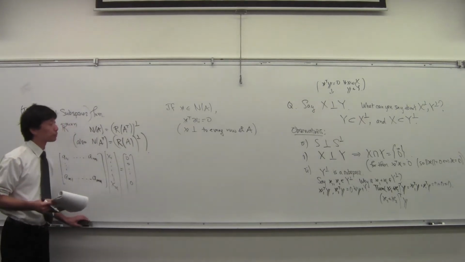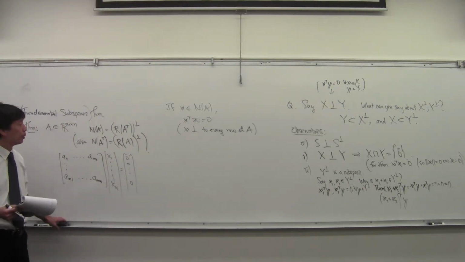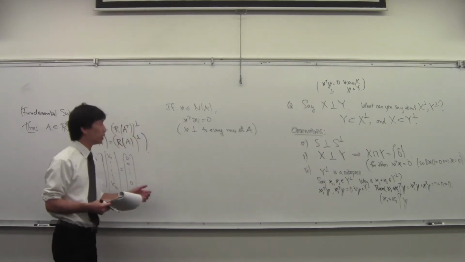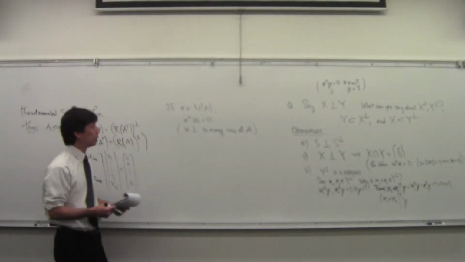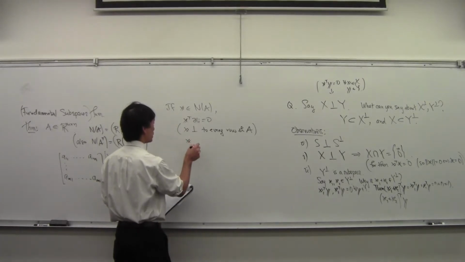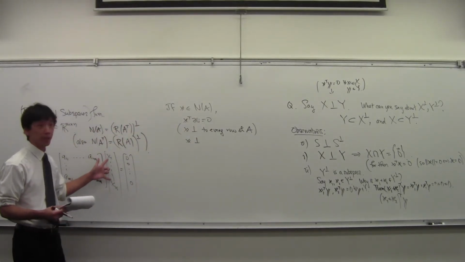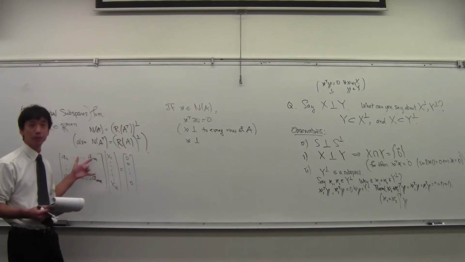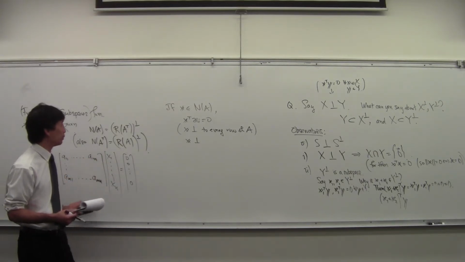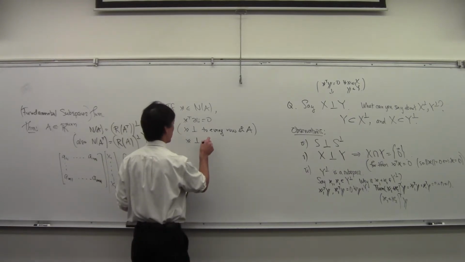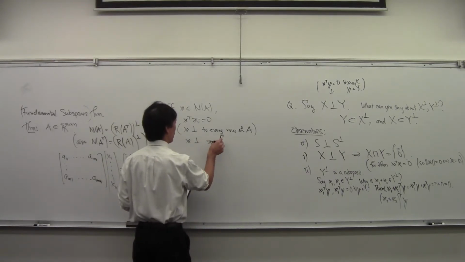Okay. In other words, it's going to be perpendicular to everybody. x is going to be perpendicular to every linear combination of the rows, the span of the ai.